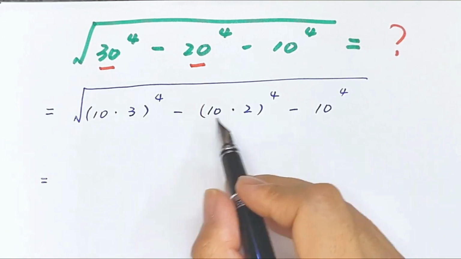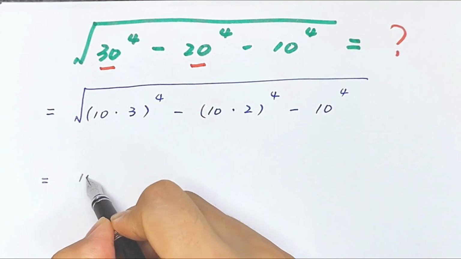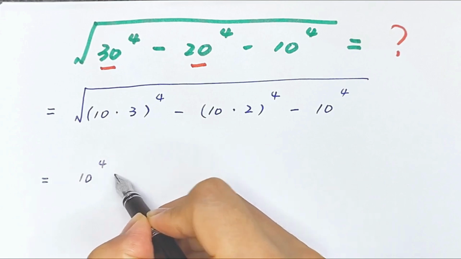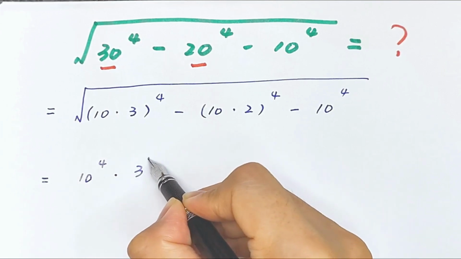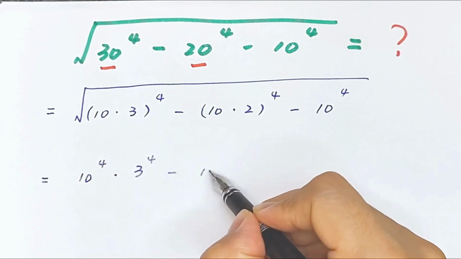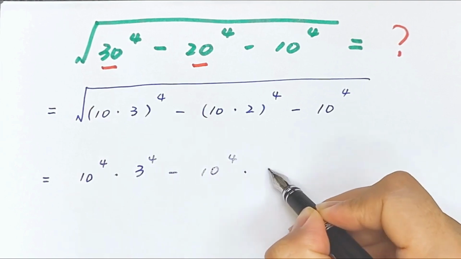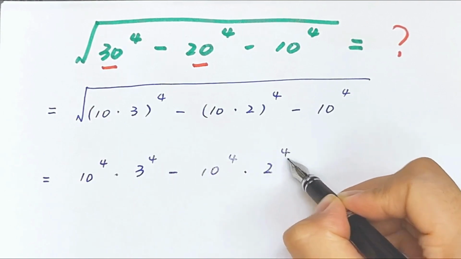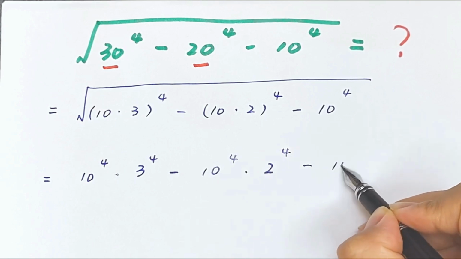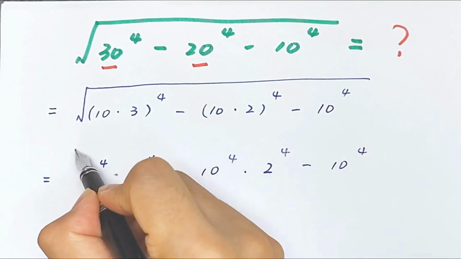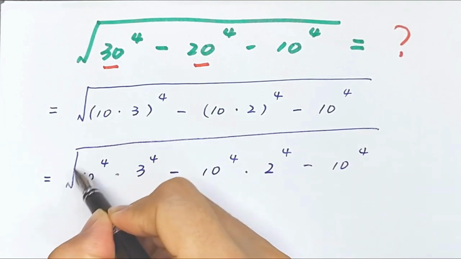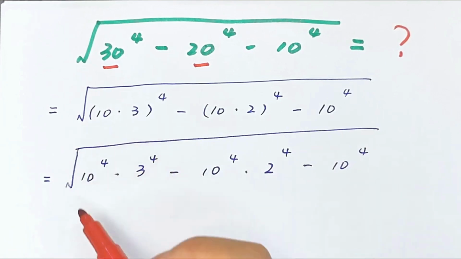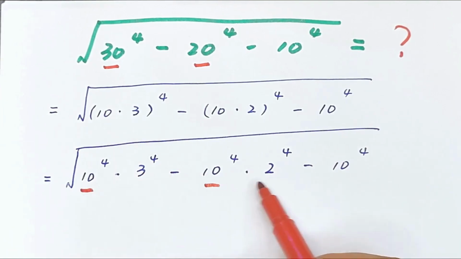Equals, we open the bracket, 10 to the power of 4 times 3 to the power of 4 minus 10 to the power of 4 times 2 to the power of 4 minus 10 to the power of 4. Now, 10 to the power of 4 is common.